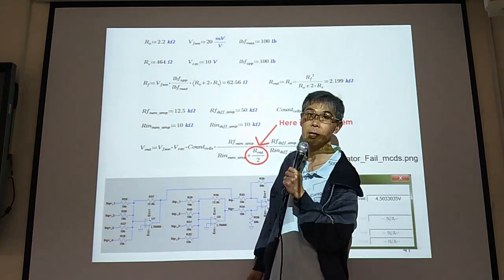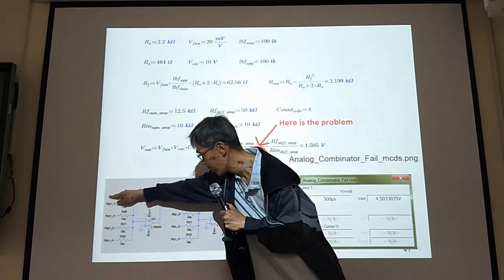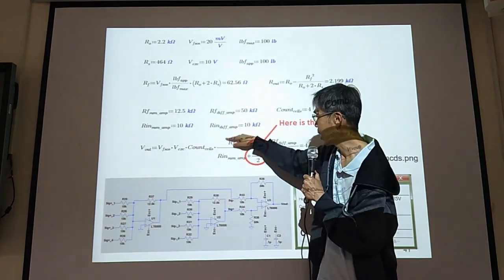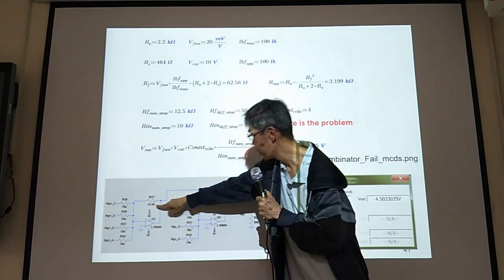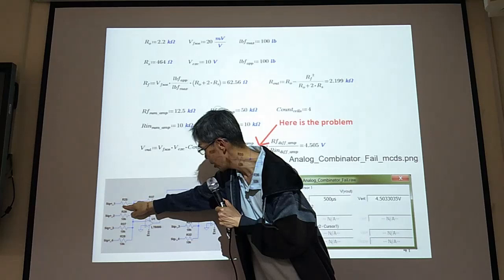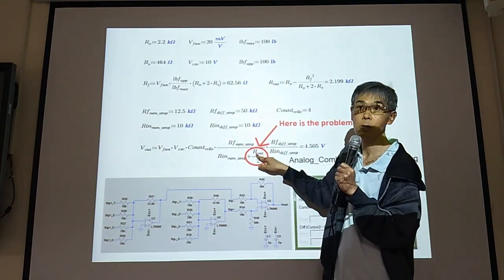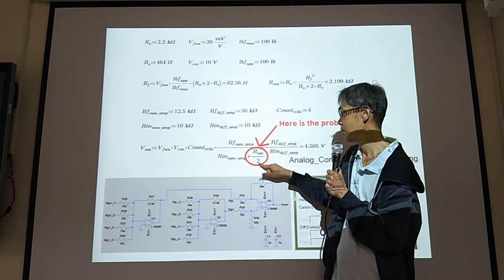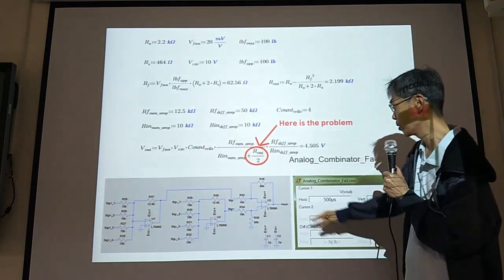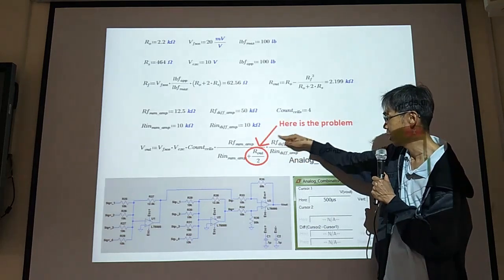So the gain for stage 1 is this value, RF, divided by RI, which is 10K, plus the output resistance of the Wheatstone bridge divided by 2. So this is the stage 1 gain, and the stage 2 gain is this value divided by this value.